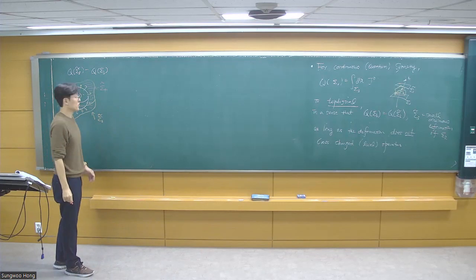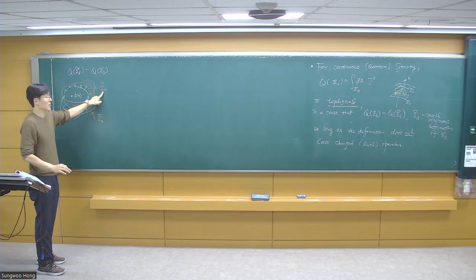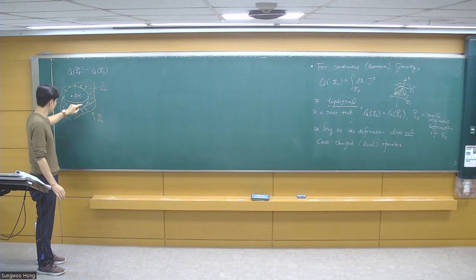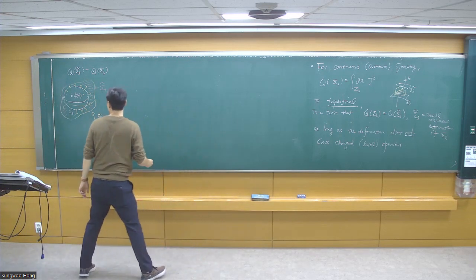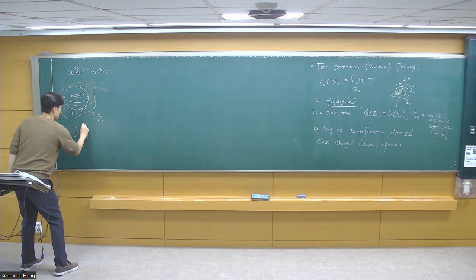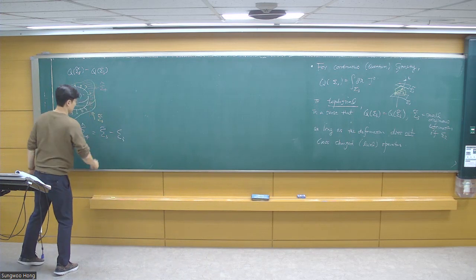So the boundary of sigma 4 hat is this minus that. Let me write what I just said: the boundary of sigma 4 hat is sigma 3 tilde minus sigma 3.